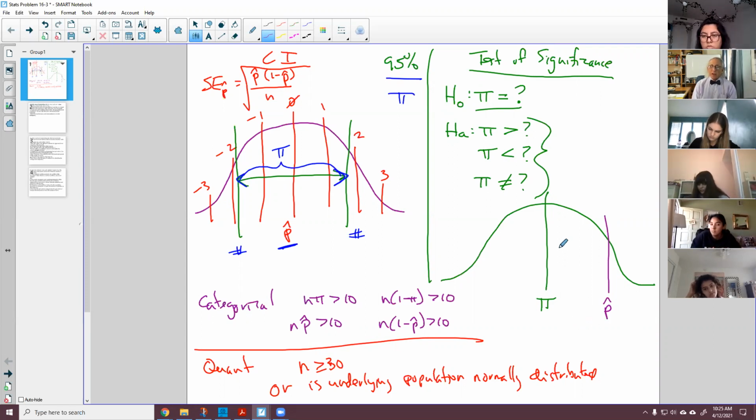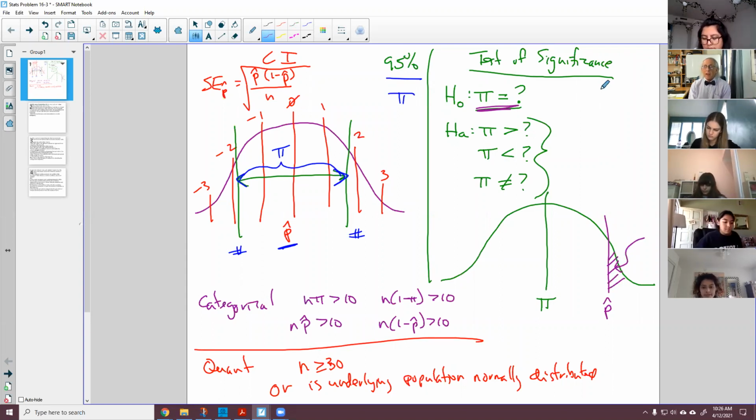I find out how many standard deviations my p hat is away from pi. I get a z-score, and I can determine what this percentage is right here.